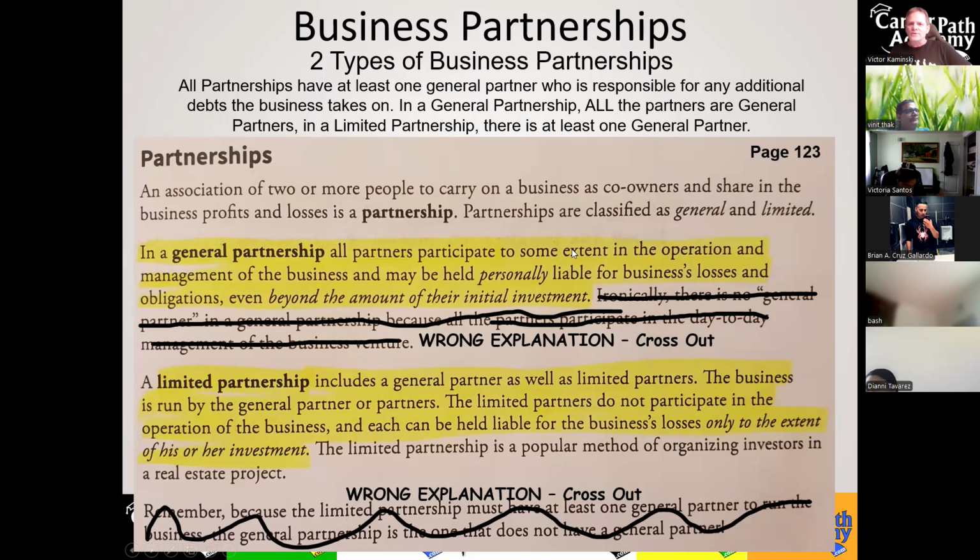the book. There's two types of partnerships. We have general partnerships and limited partnerships. And to understand them, we first need to understand what a general partner is. A general partner is someone who works in the day-to-day activities of the business itself, and they're also an owner of the business.